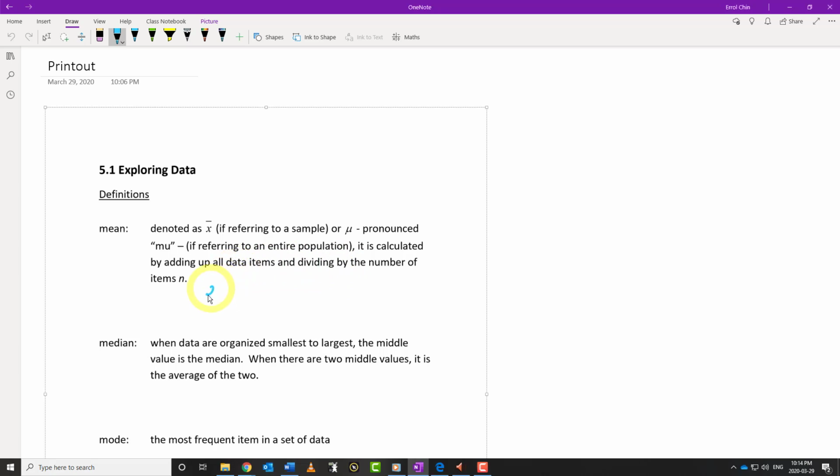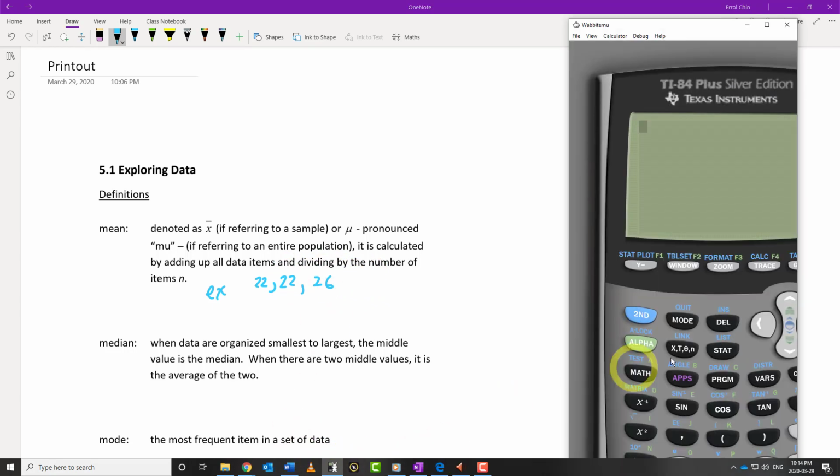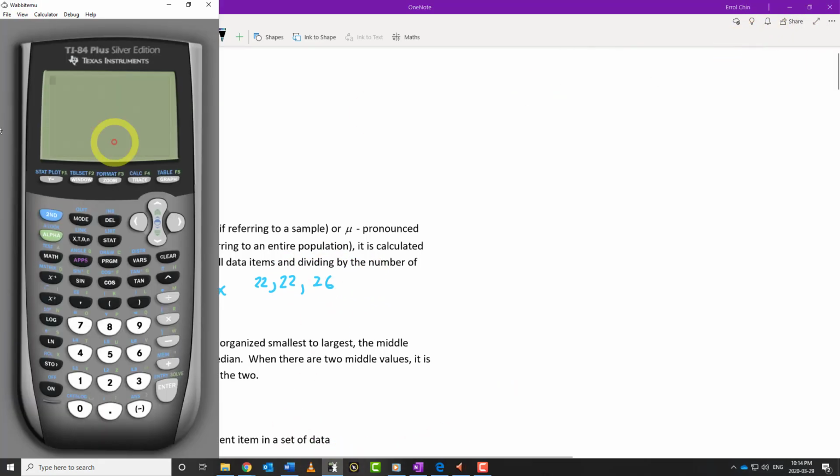So I'll just do a quick example. If you had scores of, let's say, 22, 22, and then a 26, what is your average? Well, then you would use your calculator. It should be brackets.